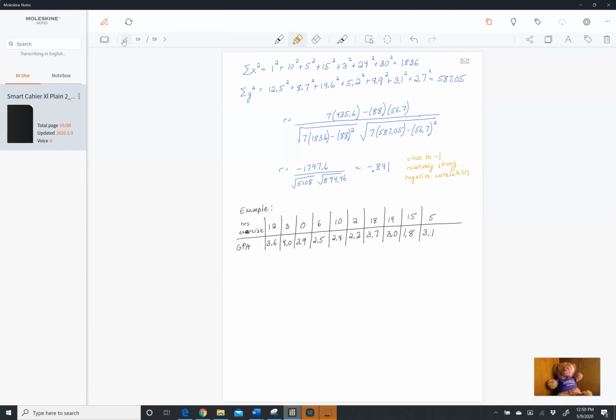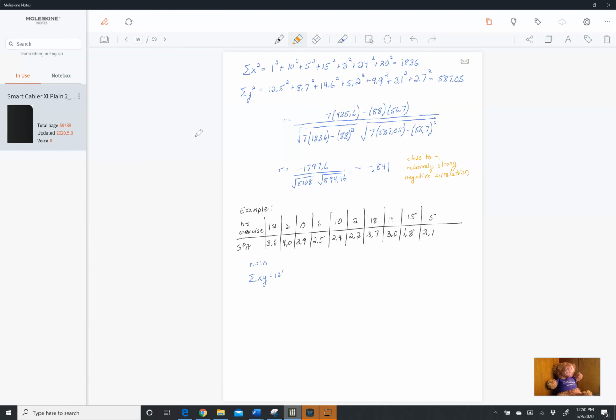And our n here is 10. There are 10 pairs. So we identify our n first. Then we're going to want all of those values. So we're going to do the sum of x, y first.